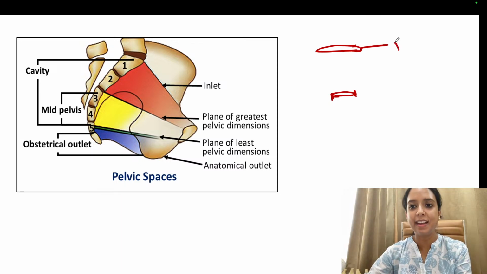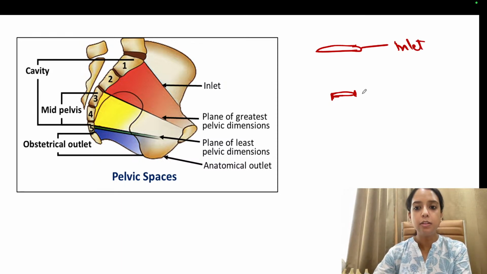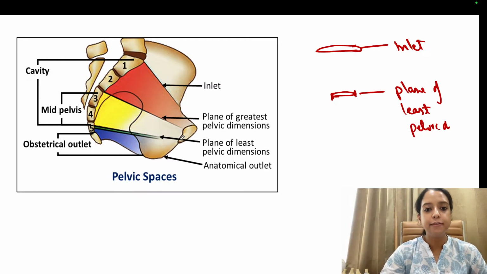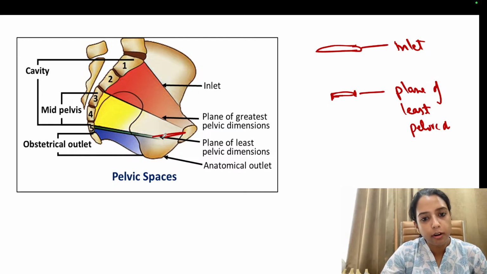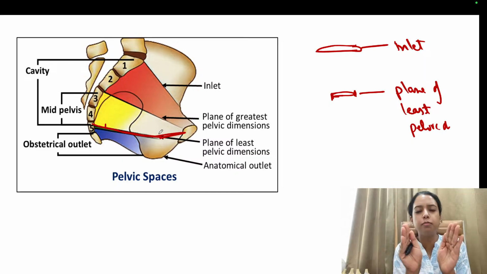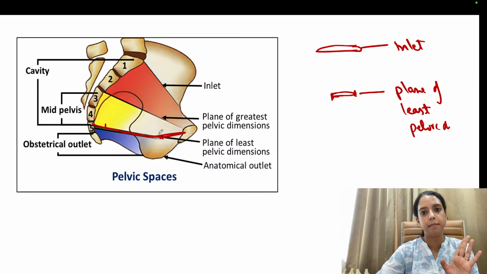So this plane is inlet, and this wall को हम कहते हैं, it's a small wall. It is called the plane of least pelvic dimension. ठीक है? It is running from the posterior border of pubic symphysis till S4, S5, and it is passing through the ischial spine. So it's a small diameter. We call it plane of least pelvic dimension.